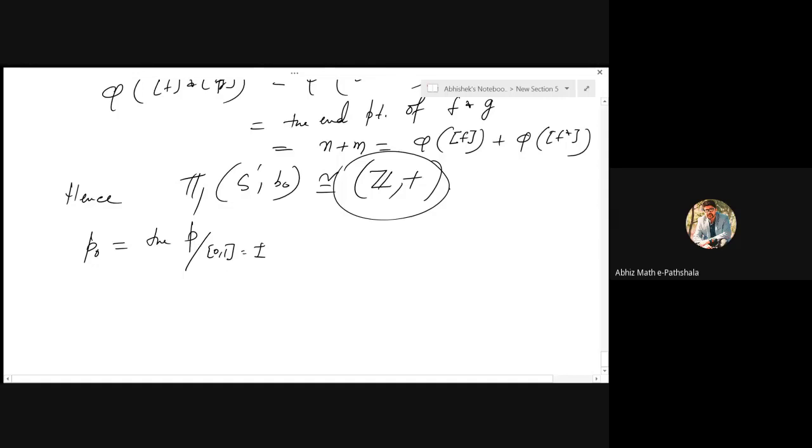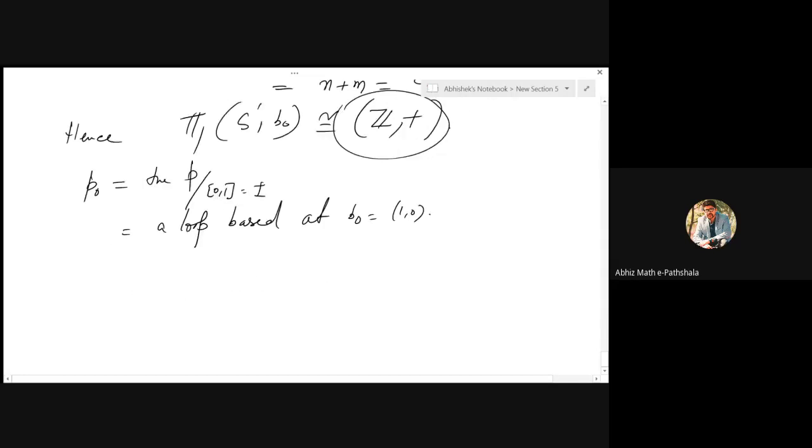Then this P naught is a loop based at b naught, and the unique lift of P naught is a path that begins at 0 and ends at 1. Right?